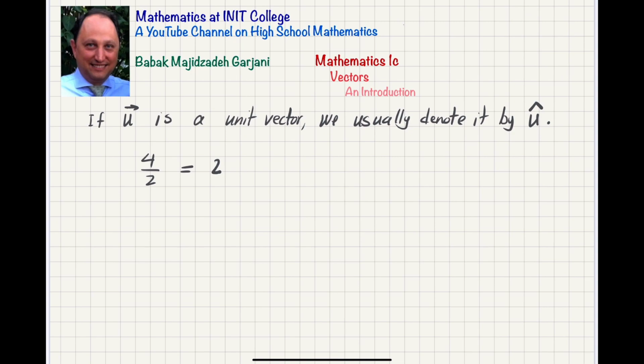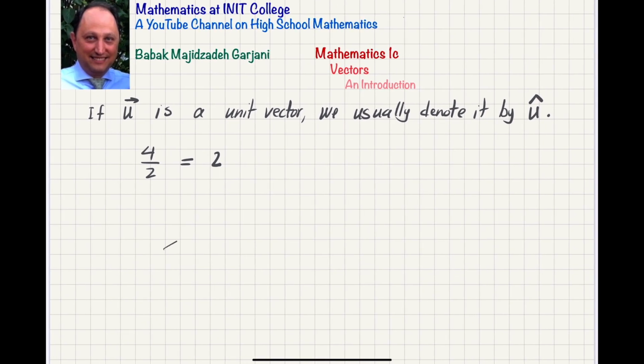If you are a mathematician and you want to define the meaning of equality of two vectors, how do you think you will define it? I want to test your understanding. If I draw this vector here and I draw this vector, do you think it's good to define these two vectors to be equal?